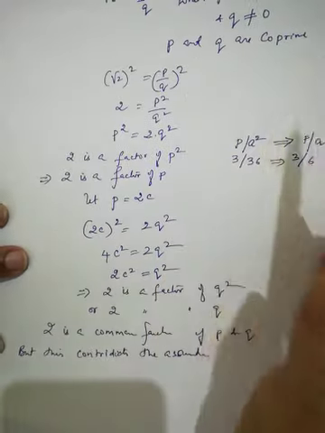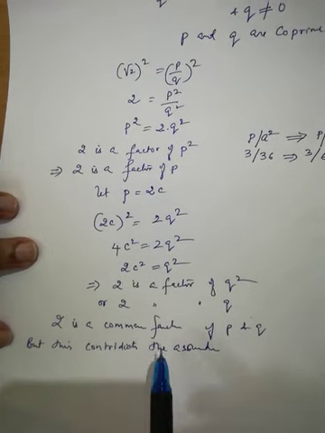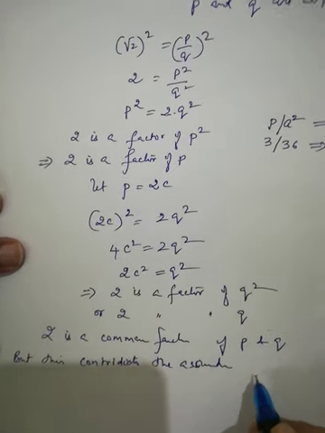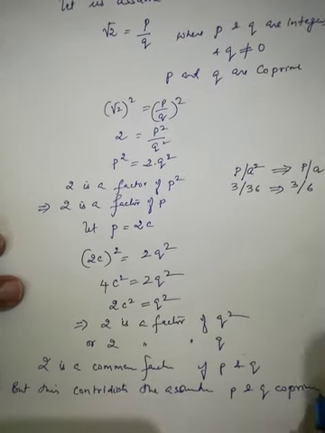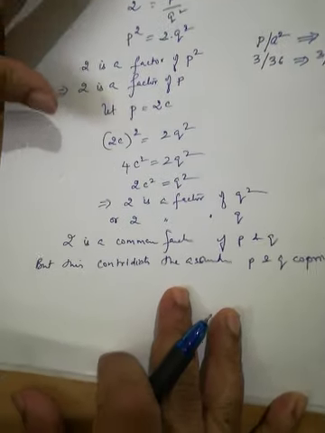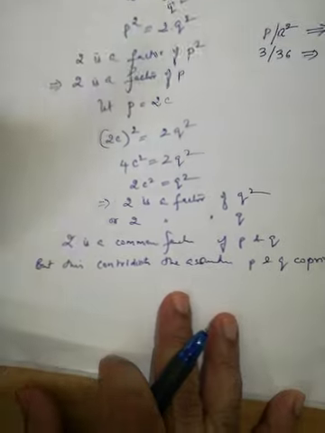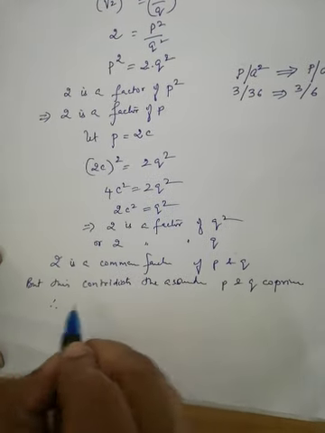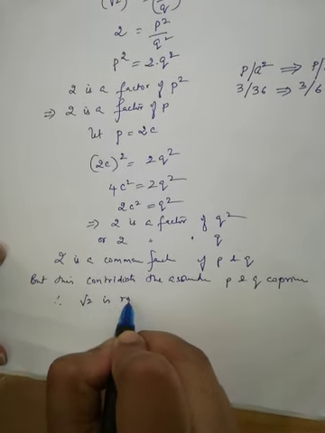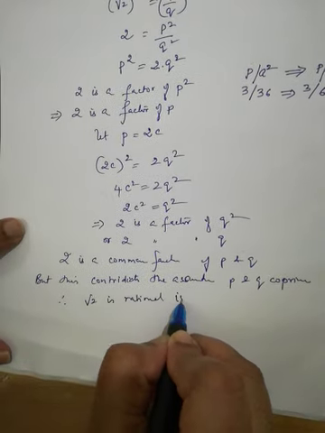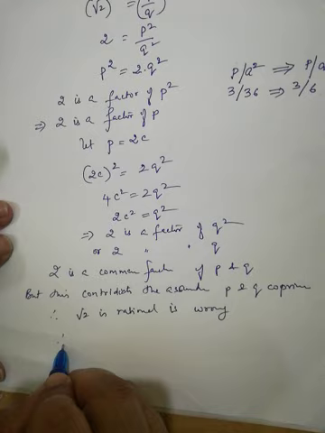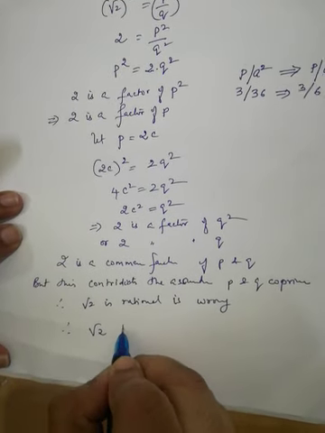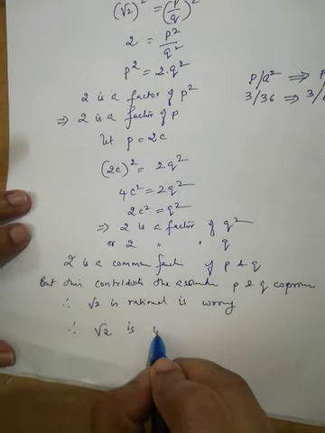We have written here P and Q are co-prime, but we are getting 2 as a common factor. That means our assumption that root 2 is rational is wrong. Therefore root 2 is rational is incorrect. Therefore root 2 has to be irrational.